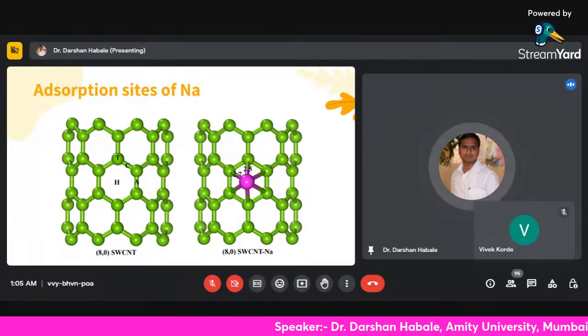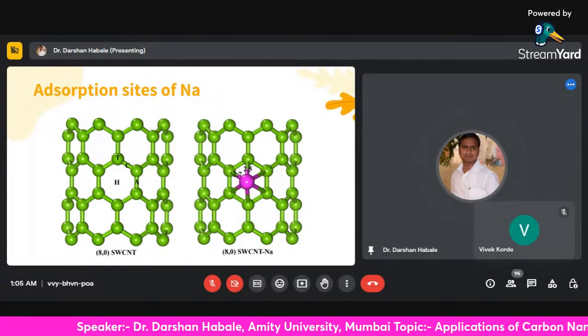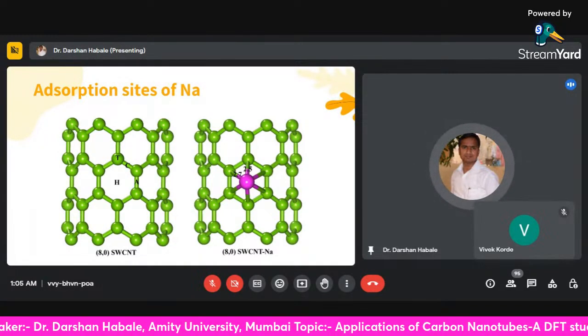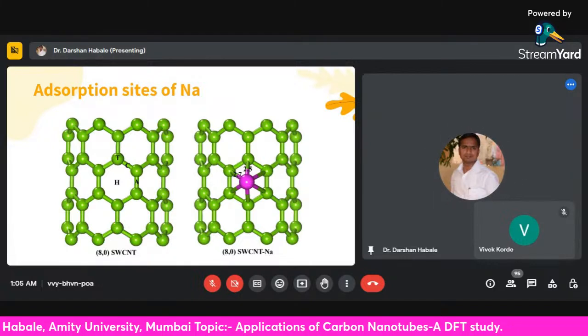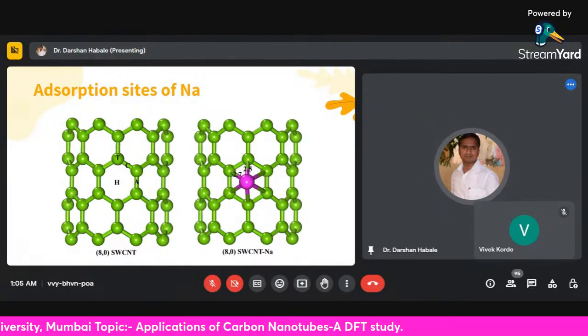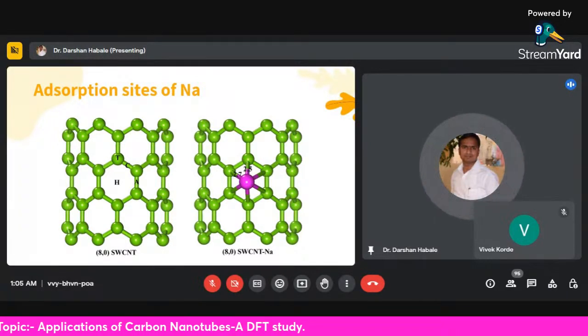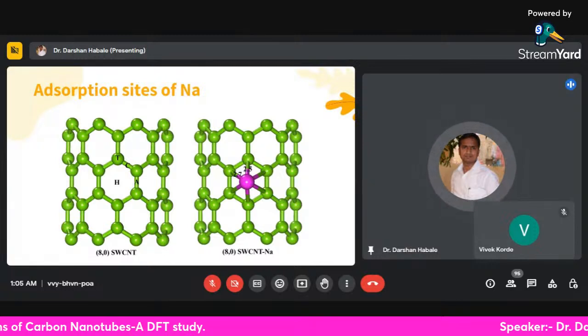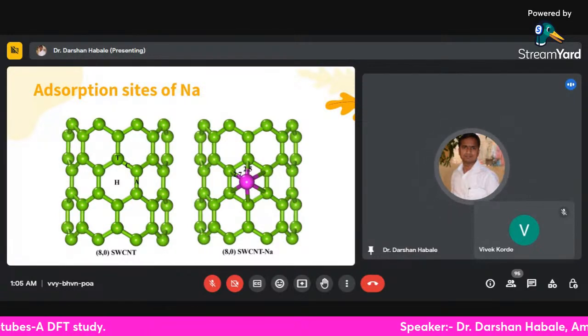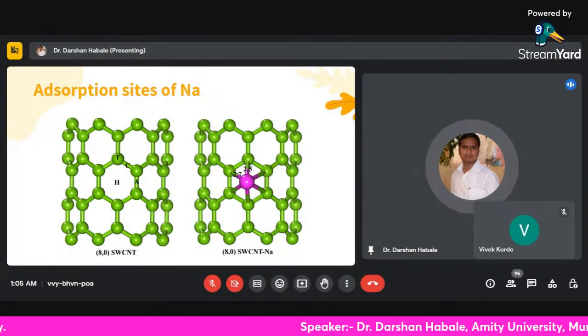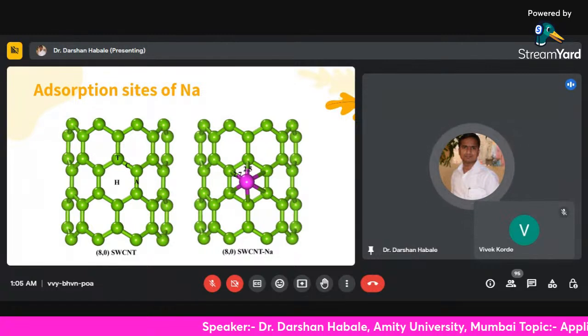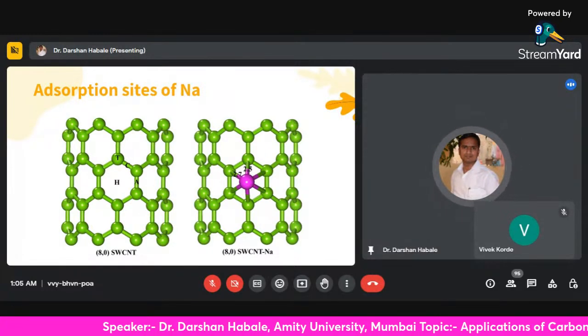We are not going into the details of density functional theory, because it requires another session. It is a deep study in itself. We are just taking the help of density functional theory to study our system and carry out our research. In this case, we have modeled this system with the help of Material Studio. At the end I will show you how to model it.